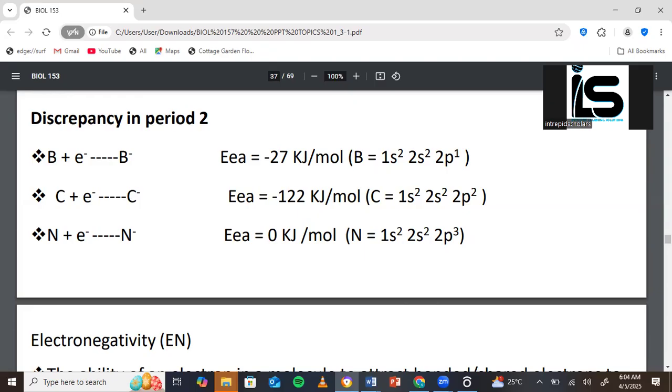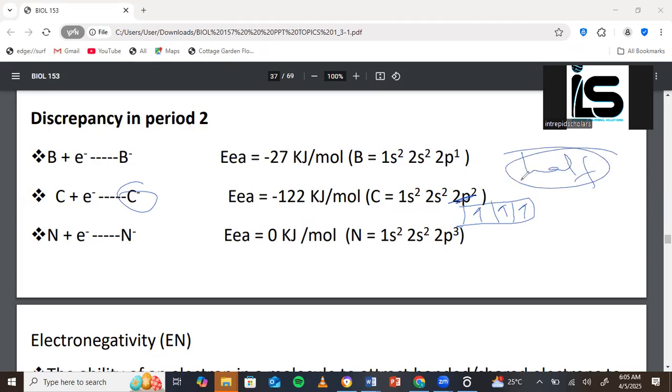Now, boron has a partially filled orbital. So adding 1 electron, it is easily accepted. You get a negative figure, fine. Now, carbon also has a partially filled orbital, but in carbon's case, the reason why the negative is high, meaning high stability, is because carbon has 1, 2 in the normal state. When you add this 1 electron, it becomes half filled.